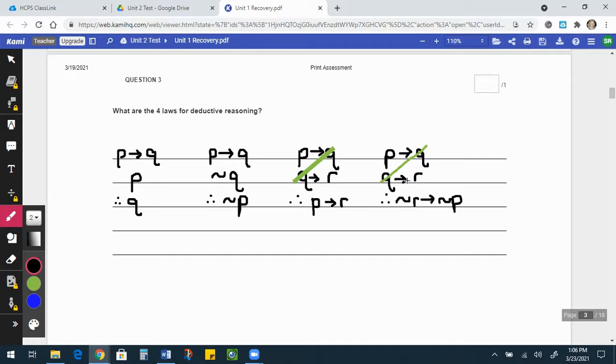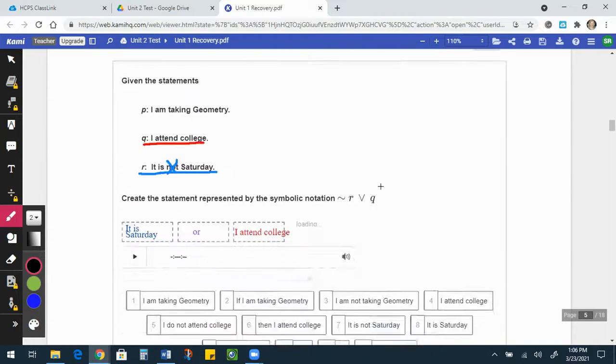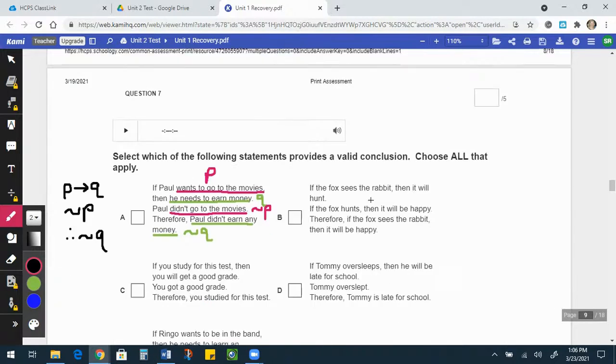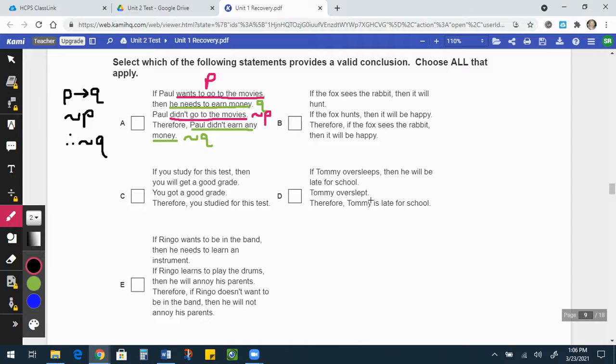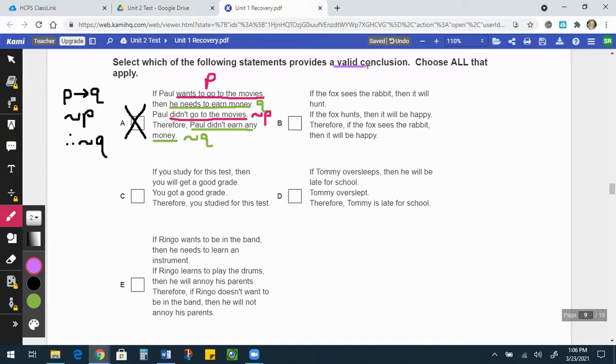And y'all, we didn't have 2 if-then statements. So A does not match any of the laws. Therefore, that argument is invalid. They want the valid argument, so I know that's not the right answer.